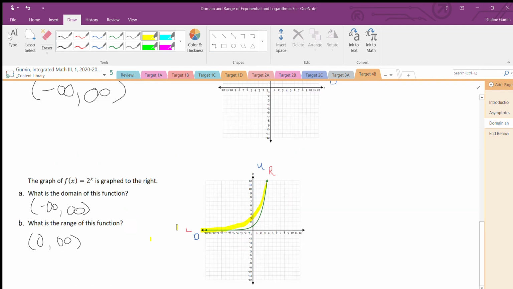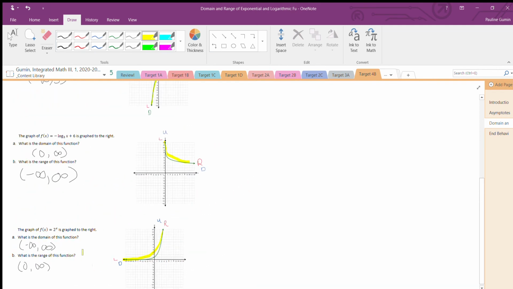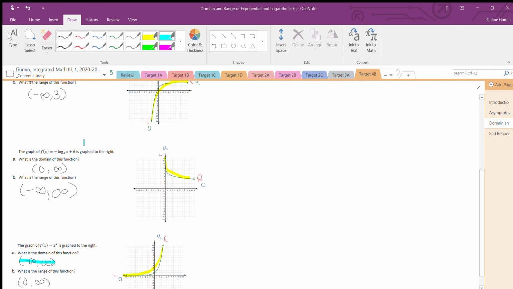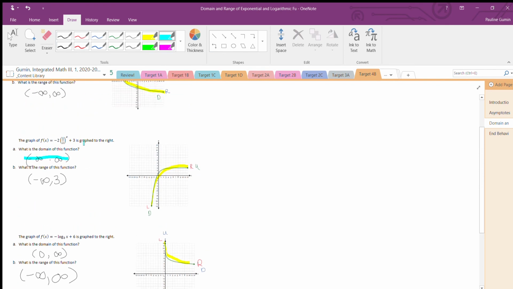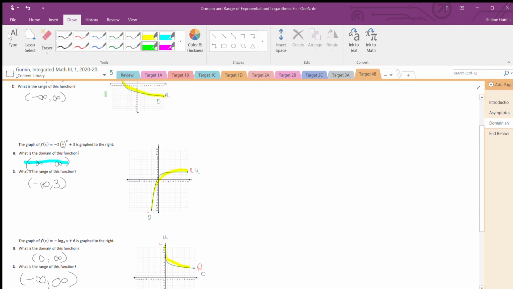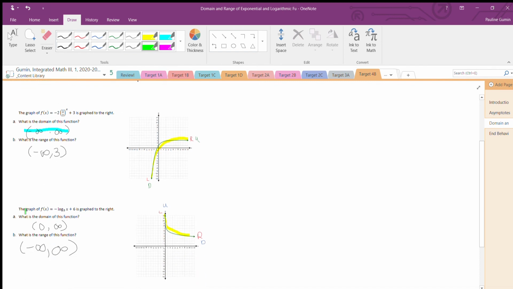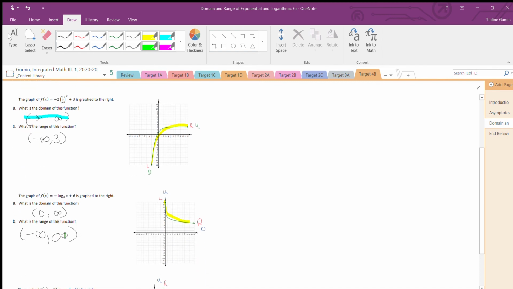Now check this out. I'm going to go ahead and zoom out. All of my exponential functions had a domain of negative infinity to positive infinity. And check out the inverse. Our logarithms instead had their range from negative infinity to positive infinity.